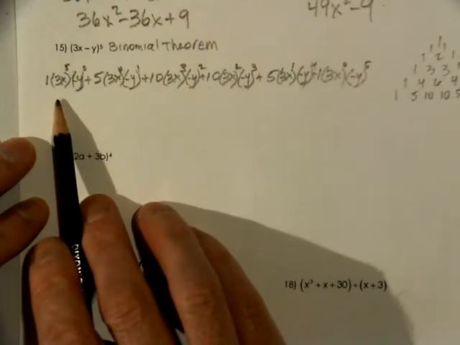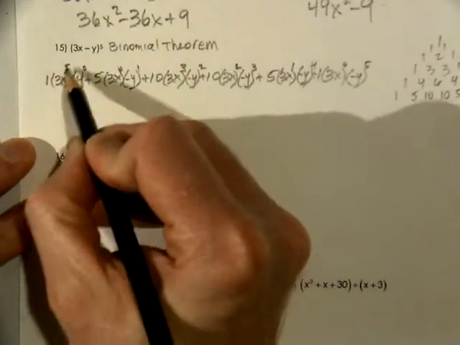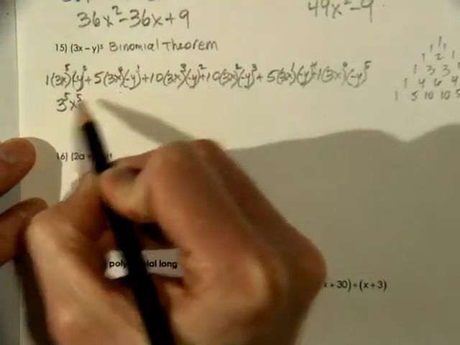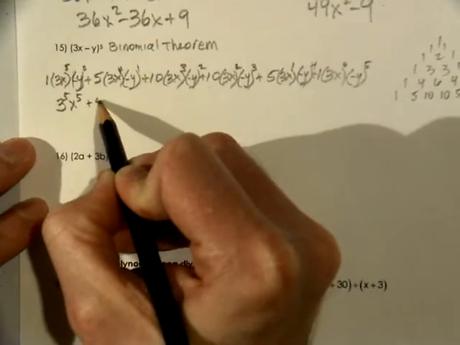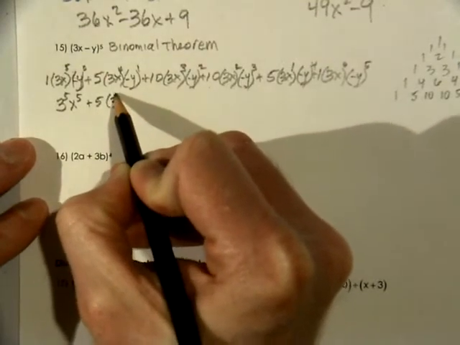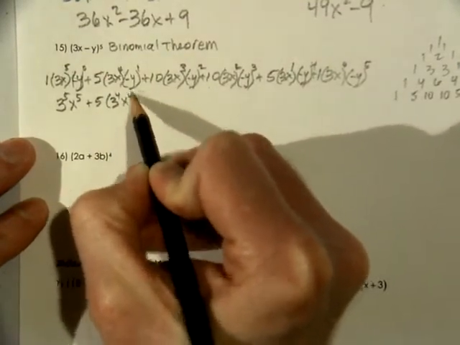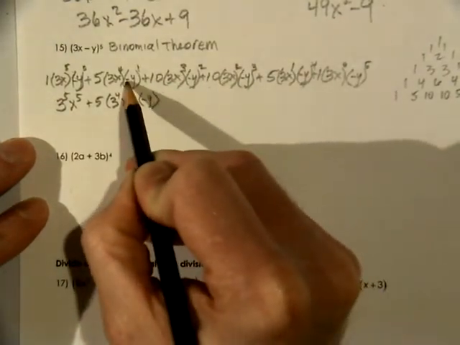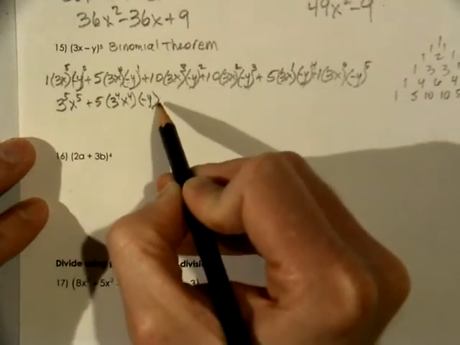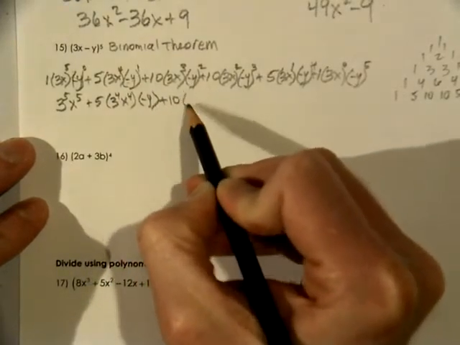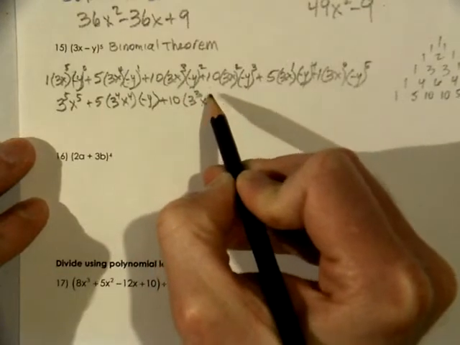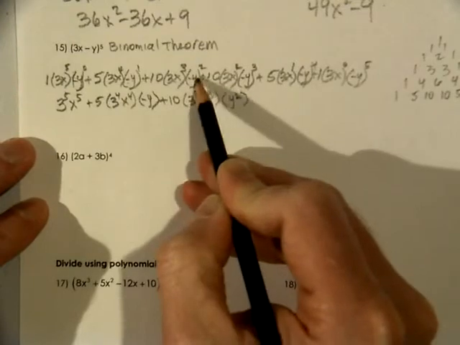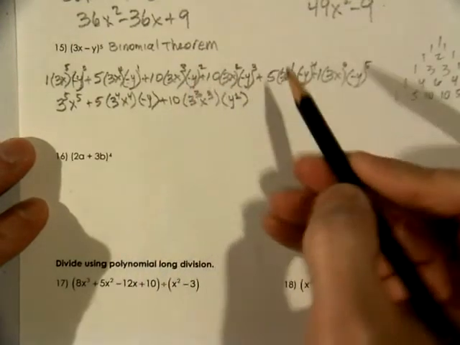So next, all we have to do is simplify this. Clean it up. So we're going to have 3 to the 5th power, x to the 5th power, 3 to the 4th power, x to the 4th power, negative 4y, 3 to the 3rd power, x to the 3rd power, y squared, and y squared is going to make the negative go away.